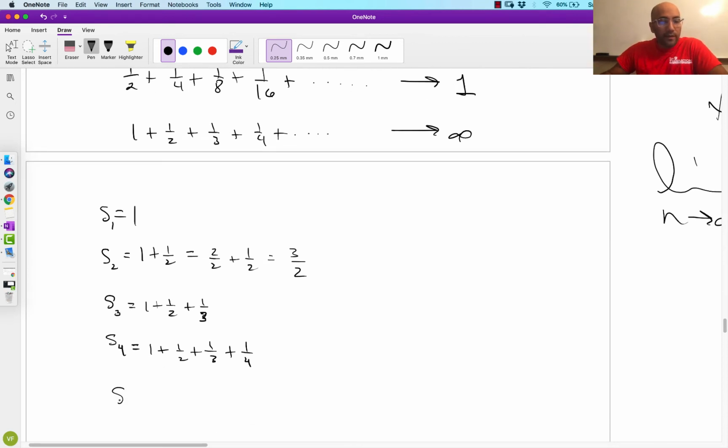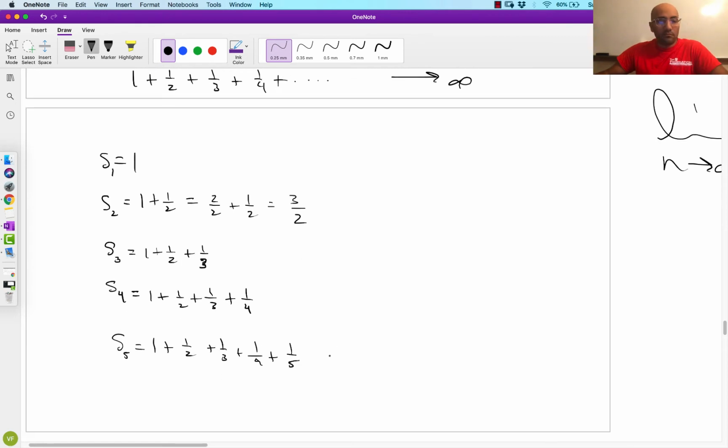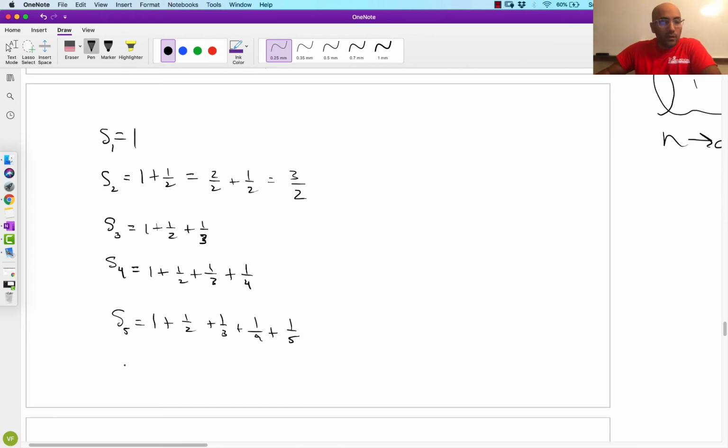Okay, and then S sub 5, that's going to be 1 plus 1/2 plus 1/3 plus 1/4 plus 1/5. And S sub 6 is going to be equal to 1 plus 1/2 plus 1/3 plus 1/4 plus 1/5 plus 1/6. 1, 2, 3, 4, 5, 6.